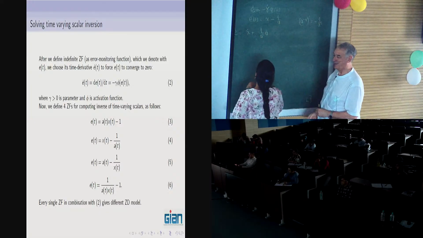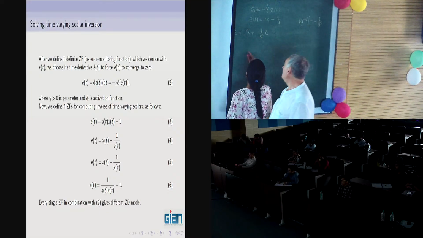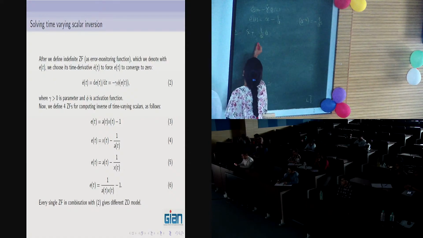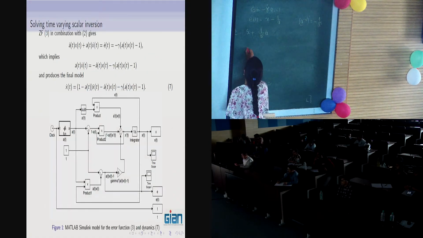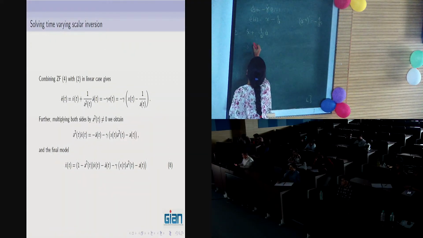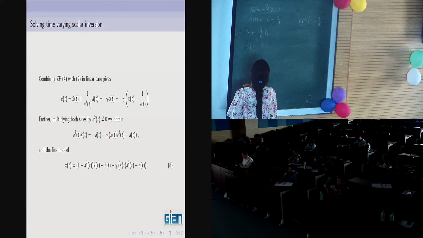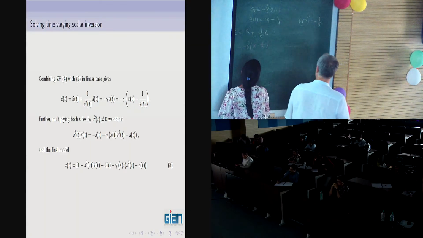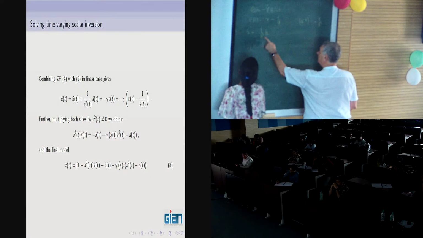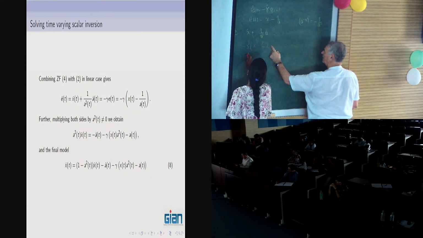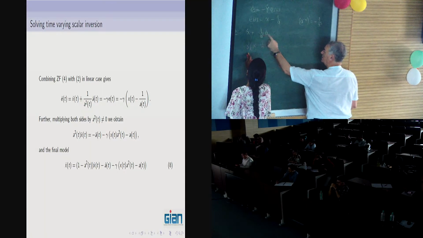Because of that, here we have plus. And it is equal to minus gamma. We can continue. Then we will multiply both left and right hand side by a square.